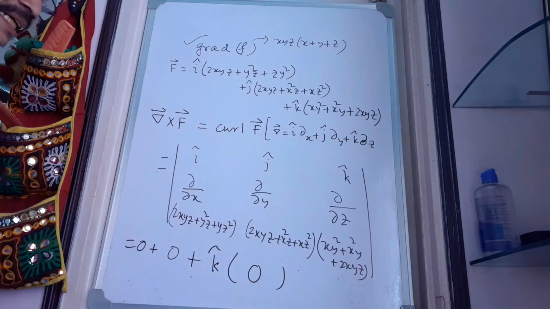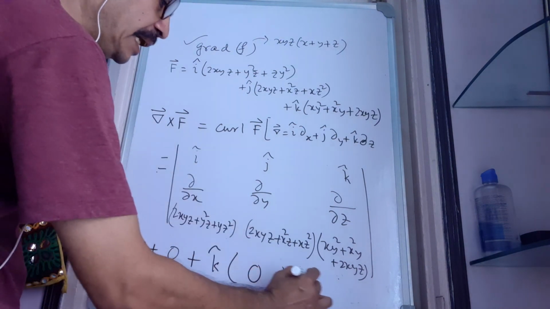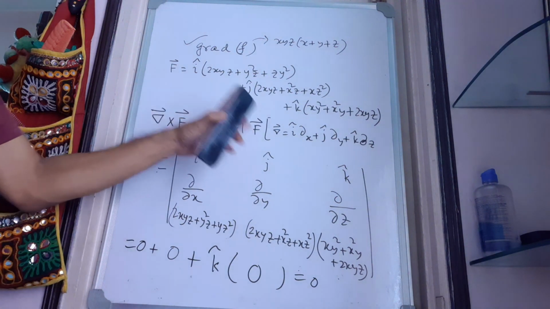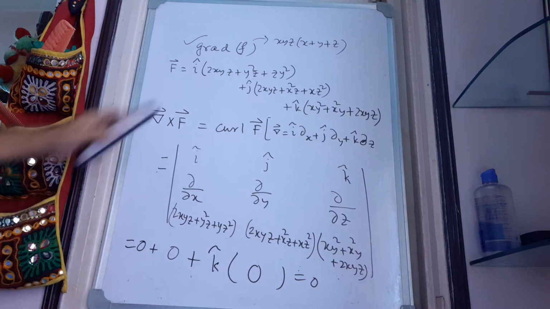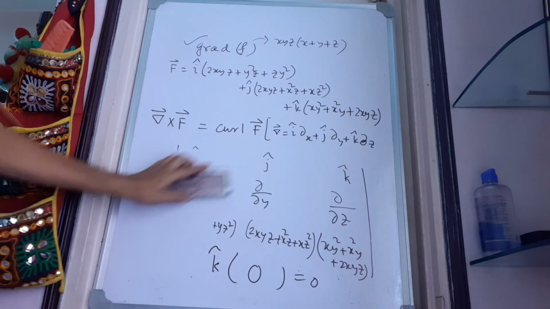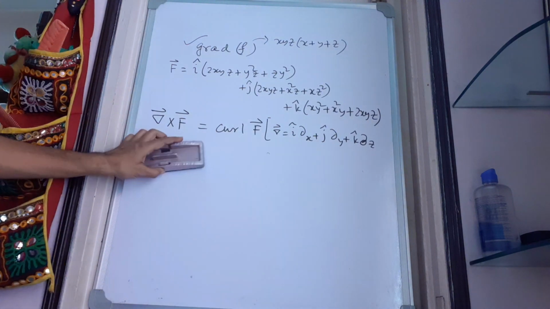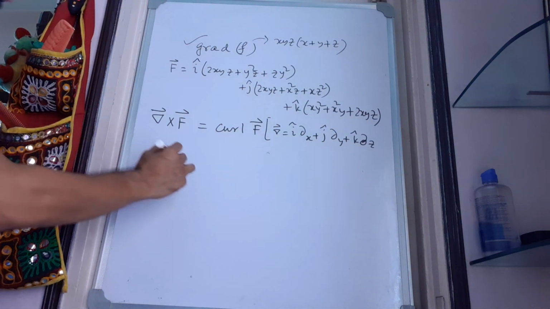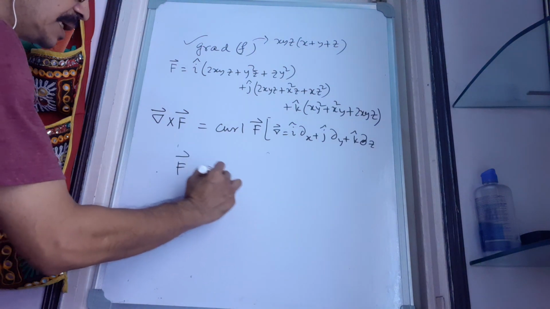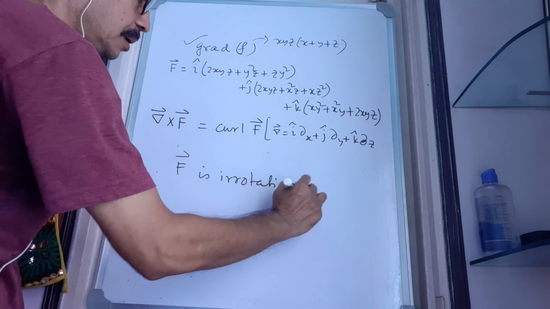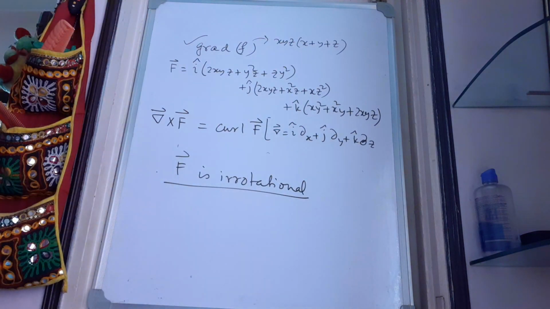So, we have curl F as 0, and you should remember that whenever the curl of a vector function is 0, we call that vector irrotational. F is irrotational, and that is all.